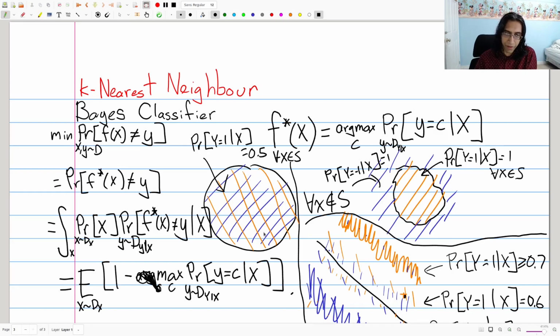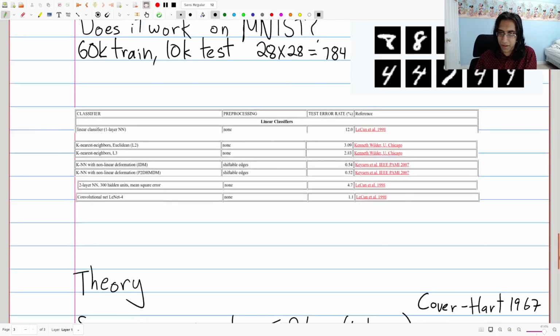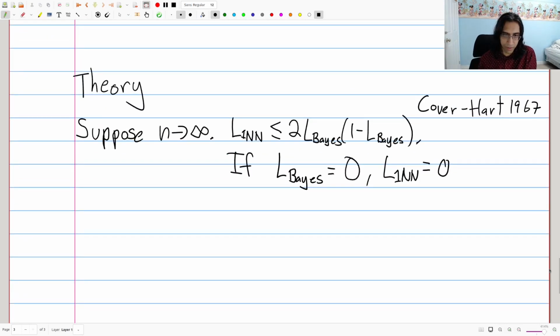And let's look at the other end of the spectrum, where suppose that the Bayes classifier is just guessing randomly essentially for every point. Well, in that case, we essentially achieve that. So if L Bayes is equal to 1/2, then this will also get 1/2. Just plugging in, you can see it would give that. So in the extreme cases, it's actually going to match the Bayes classifier.